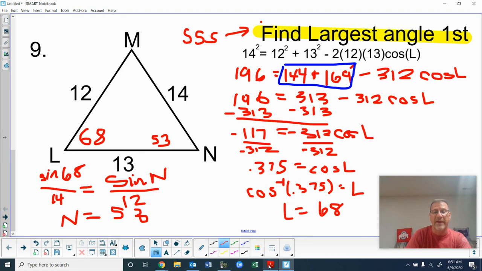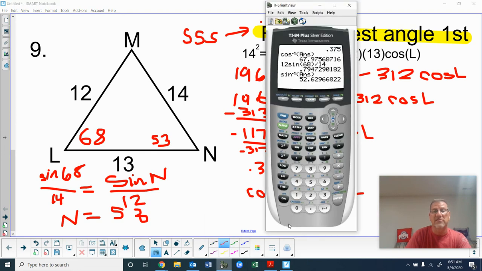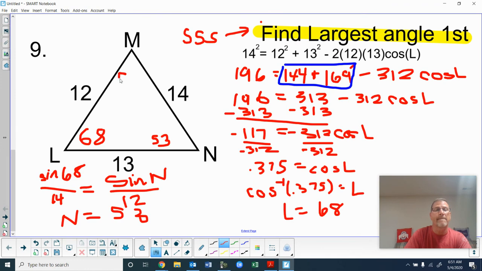Add 68 to that, and then go 180 minus that to find angle M. Again, second answer, so you don't have to punch all that in. 59.3. So that's 59 to the nearest whole number.